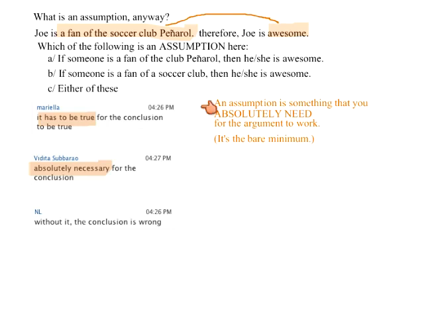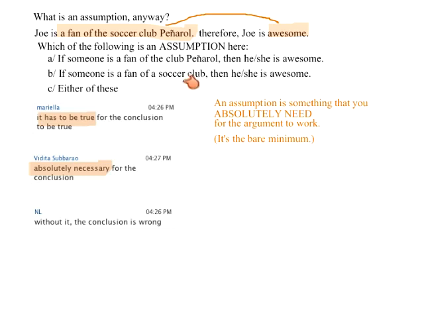So we don't need B. We certainly don't need the idea that anyone who is a fan of any team is awesome. In fact, anyone who would make this argument is almost certainly not assuming B, because they probably think that fans of the rival team are not awesome at all.